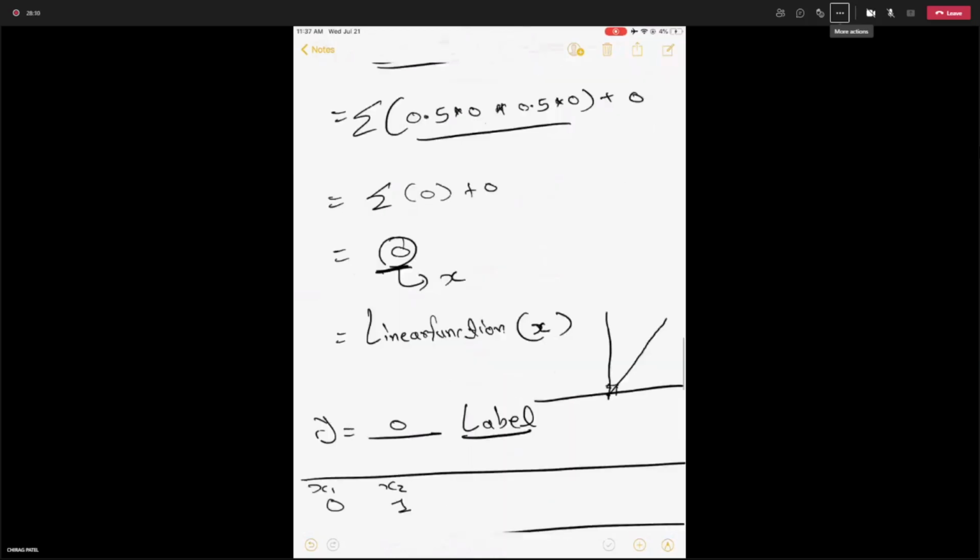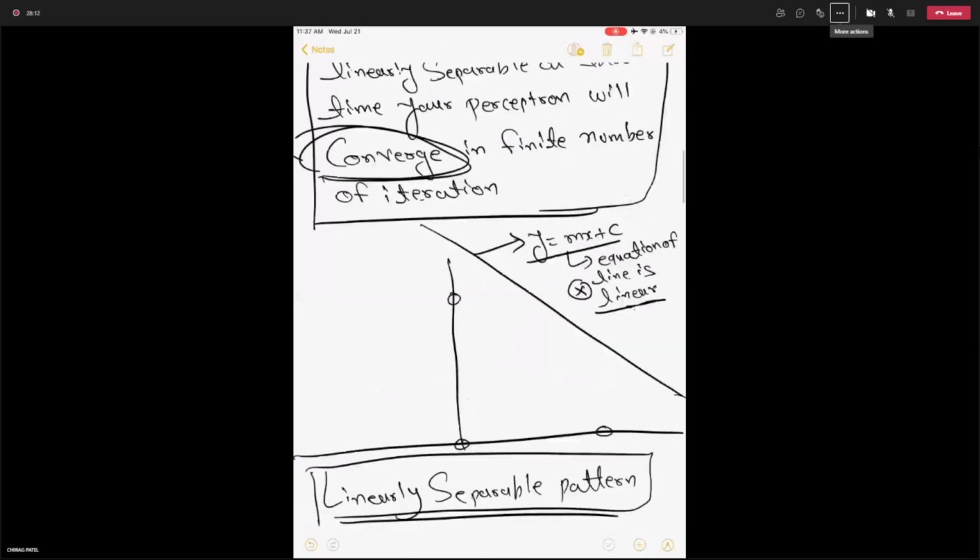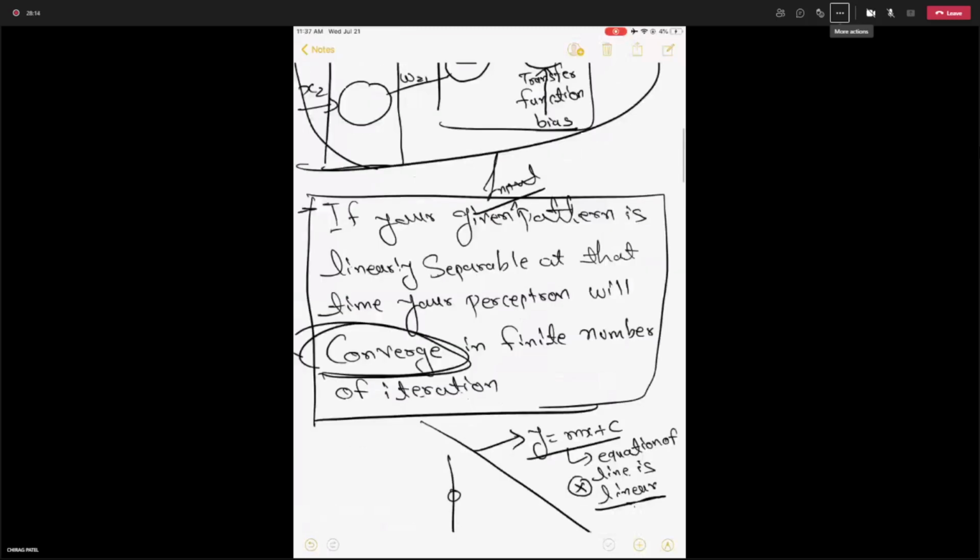So now, if you still remember the statement I wrote in the initial part of the lecture, none of you asked me what will happen to my perceptron if my pattern is non-linear. I wrote that if your given input pattern is linearly separable, your perceptron will converge in a finite number of iterations. It means whatever machine we are learning right now will converge and provide the solution for the given pattern.